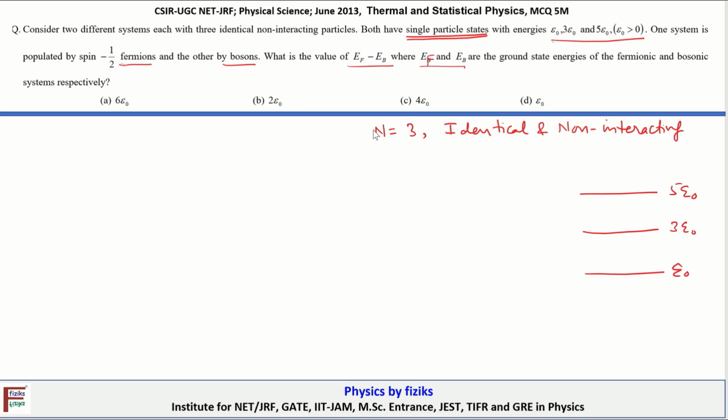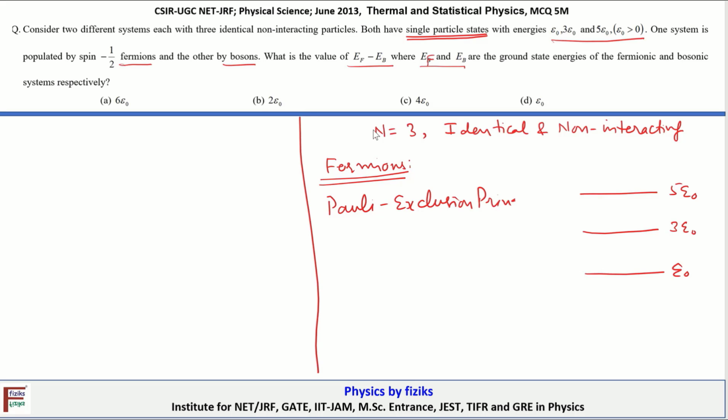So here we will solve this problem in 2 steps. First we consider the particles to be identical fermions. So when we say that these are fermions, they are subjected to the Pauli exclusion principle, which says that we cannot accommodate more than one particle in the same energy level with the same set of quantum numbers.